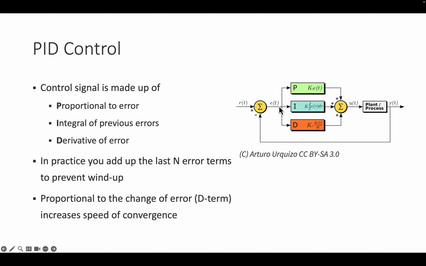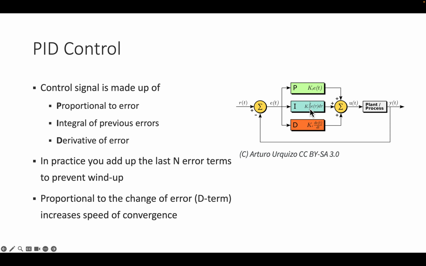And now you already know the proportional term. You take the error and multiply it with a certain gain, and that gives you the control signal that you send to the robot. Now in PID control you add two more terms to this, and one is proportional to the integral of the previous error, and the other is proportional to the derivative of the error as it emerges.